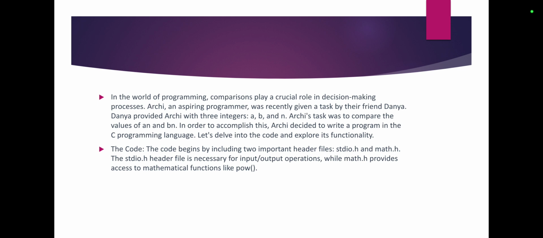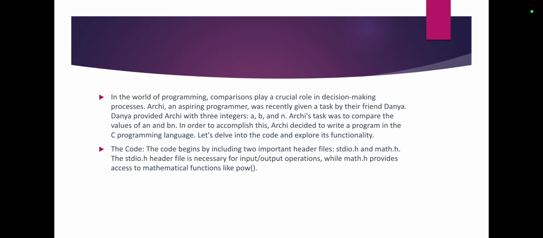In this world of programming, comparisons play a crucial role in decision-making processes. Archie, an aspiring programmer, was recently given a task by their friend Danya. Danya provided Archie with three integers a, b, and n.